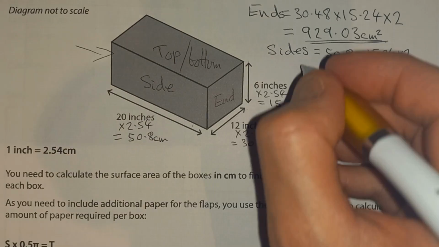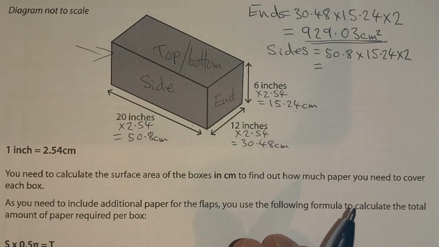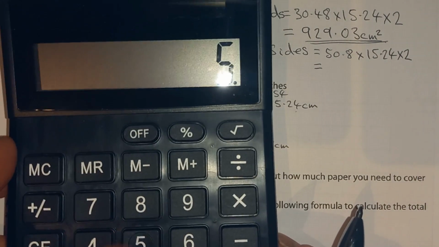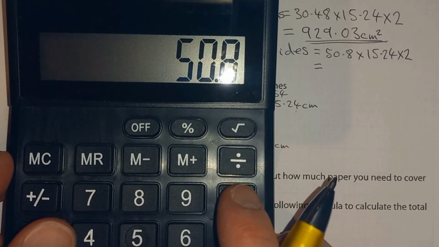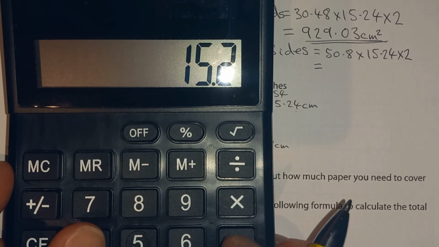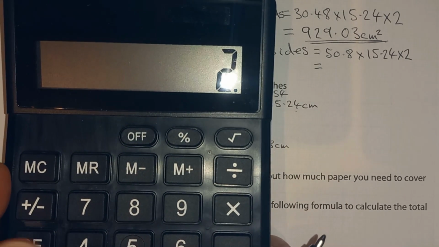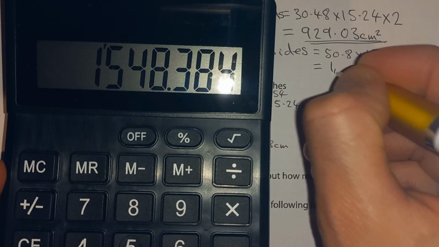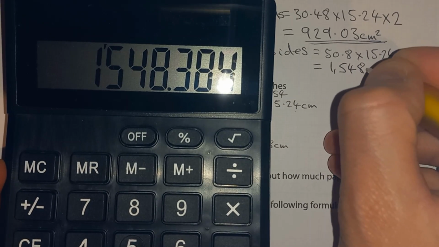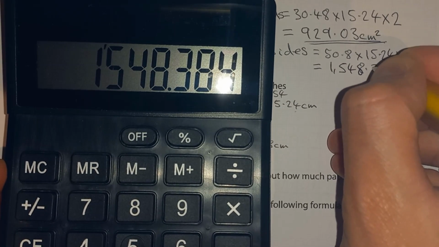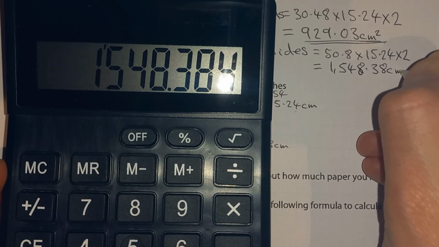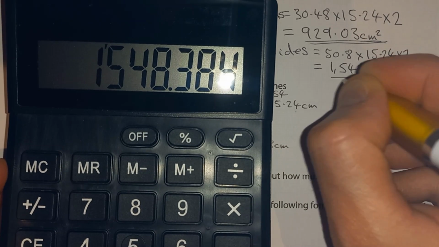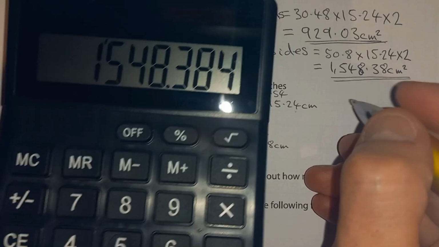So we multiply the whole thing by 2. So if we do that, we get 50.8 times 15.24 times 2. And we get 1,548. We'll stick with 2 decimal places, 0.38 centimetres squared. And we'll underline that again.